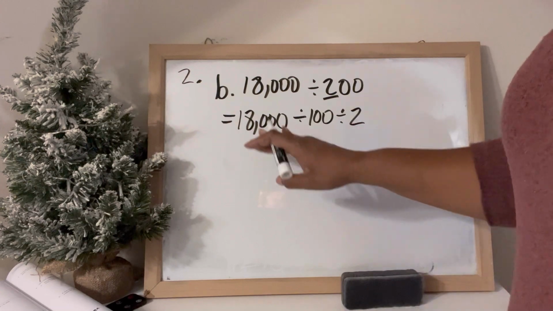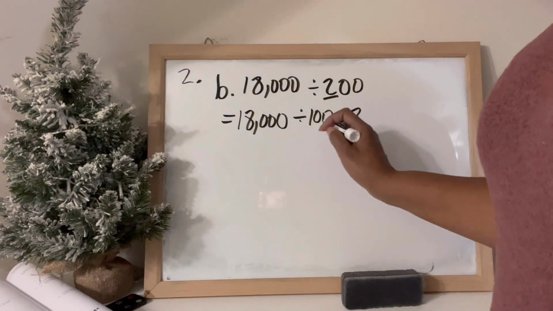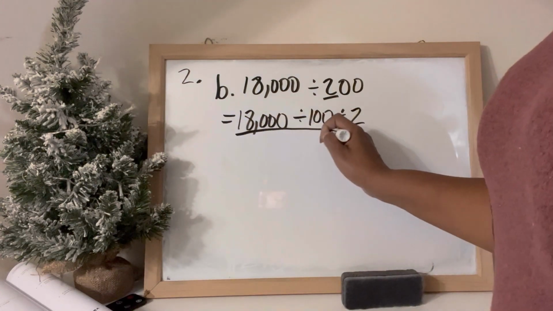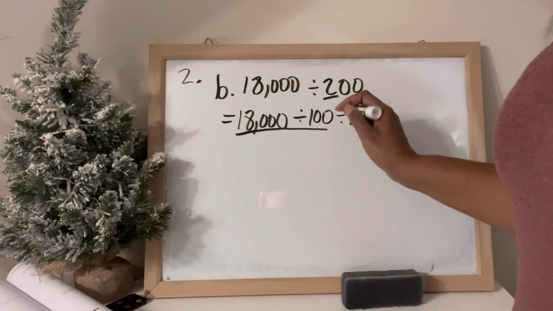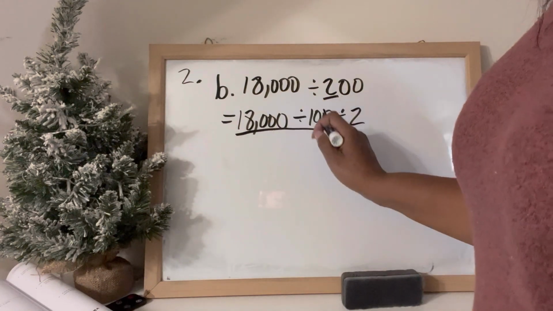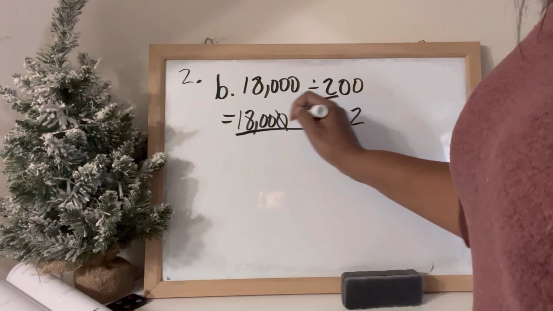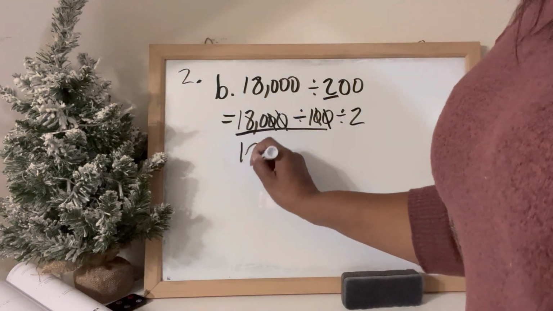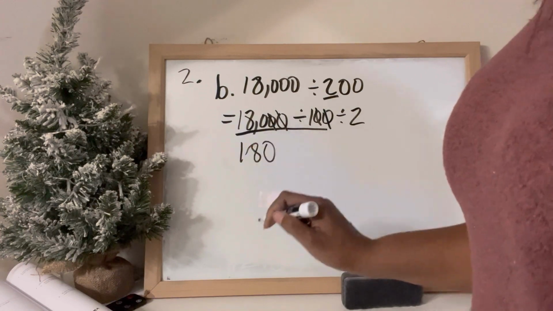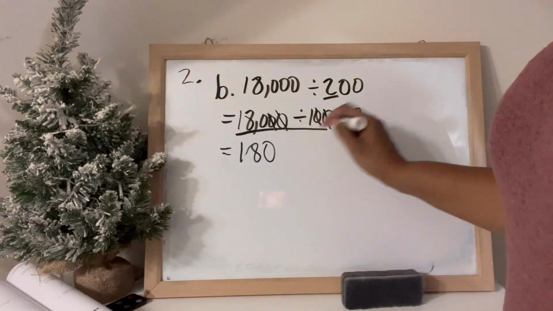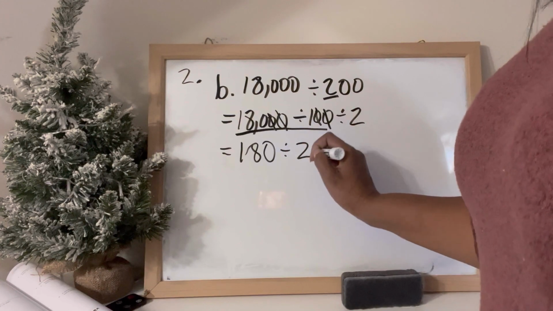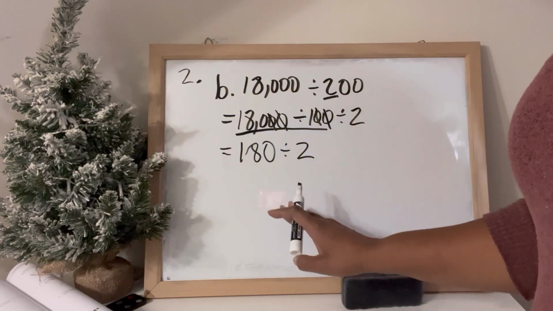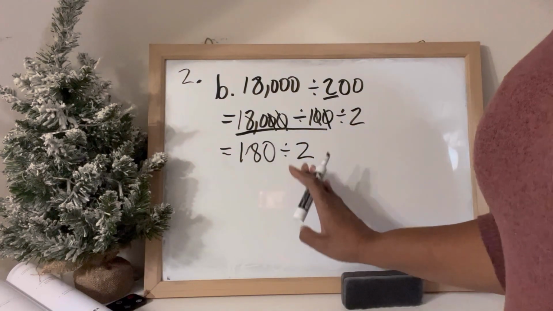So now we can do that quick division with our 18,000 and 100 where we just cancel out the zeros. So 100 has 2 zeros, so I get to cancel out 2 zeros in 18,000. And when I'm done, I have 180. And now I'll just divide by the 2. And then students can use their knowledge of their facts.